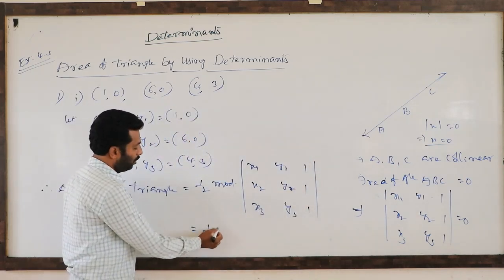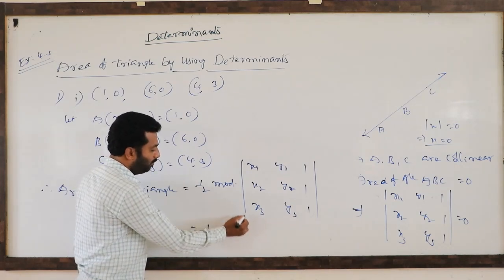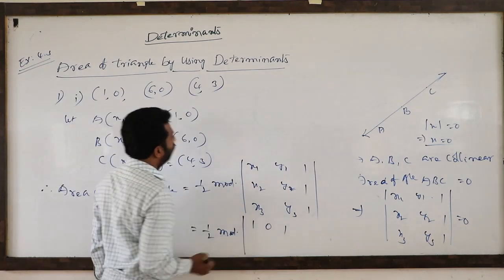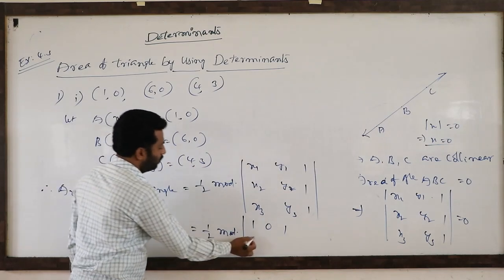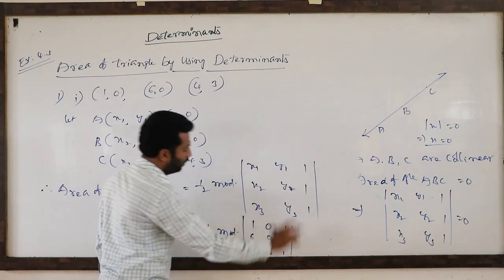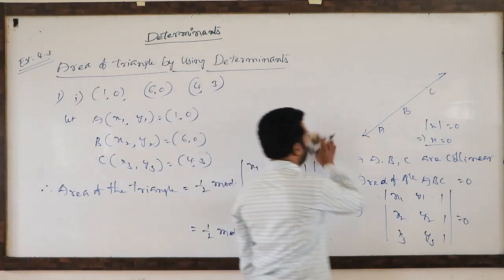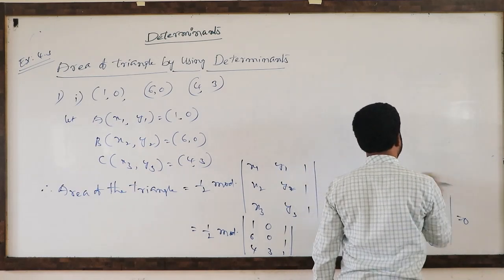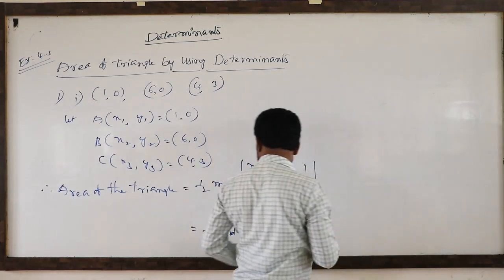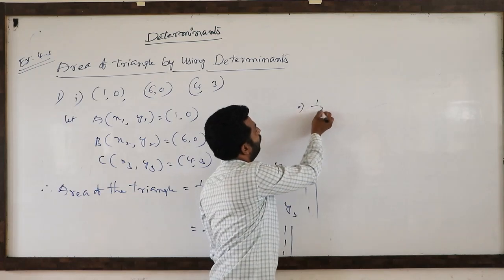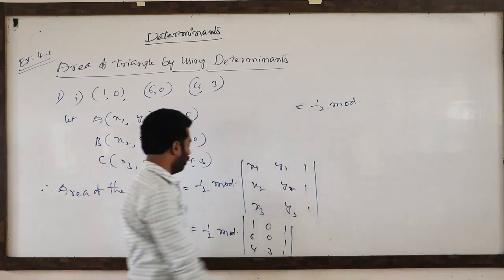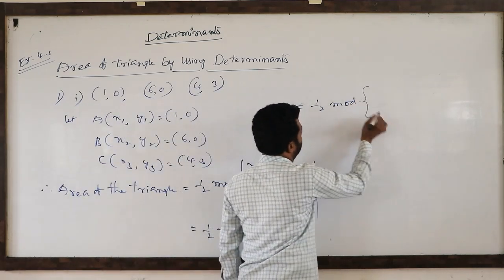So this is 1 by 2 into modulus of the determinant of 1, 0, 1, 6, 0, 1, 4, 3, 1 square units. If you want, you can simplify. So from this, 1 by 2 into modulus of this value, we will see once.